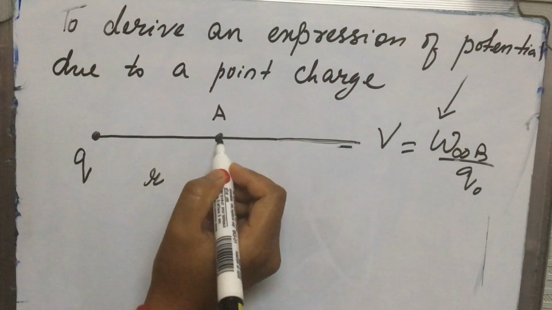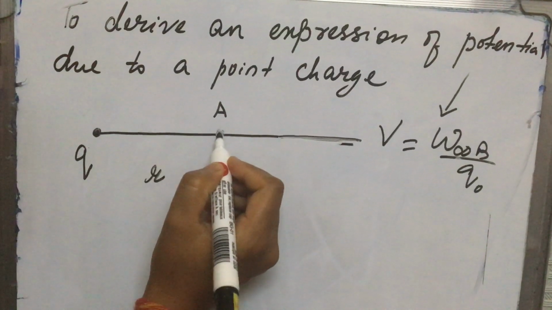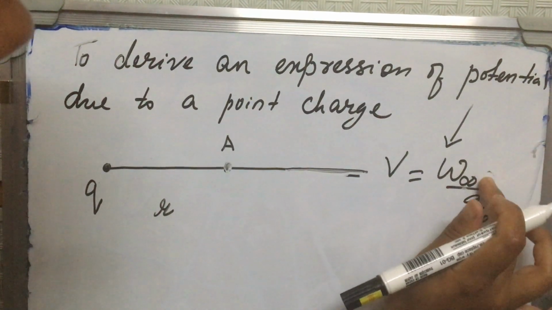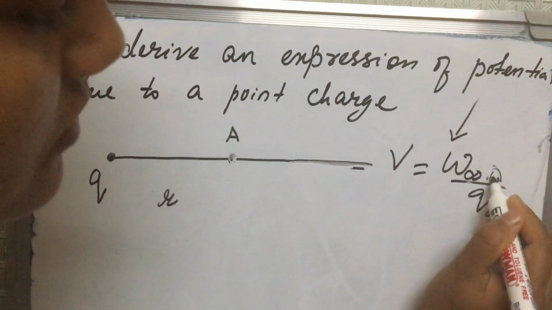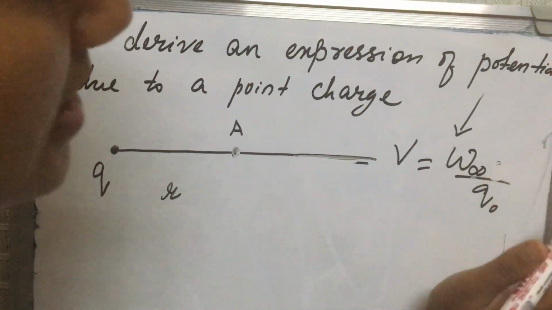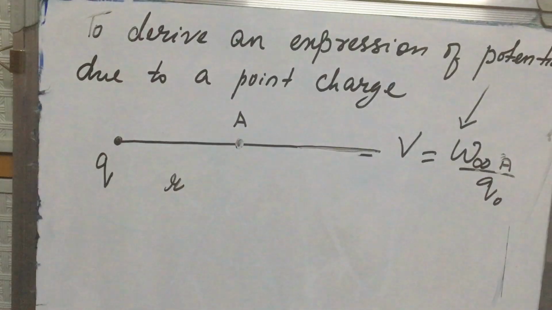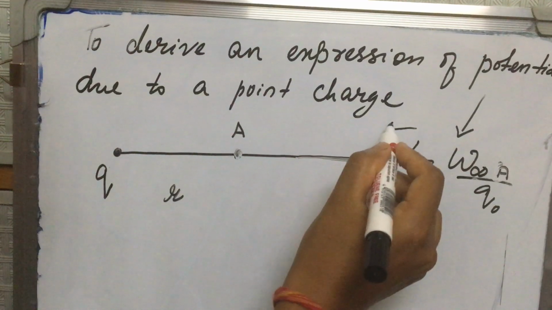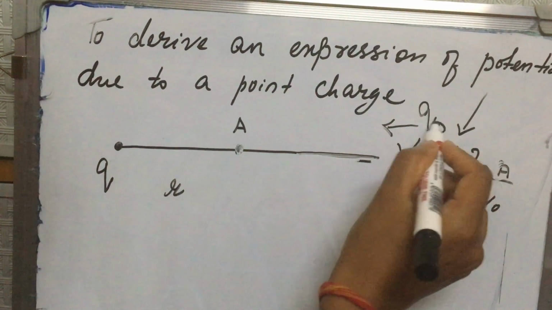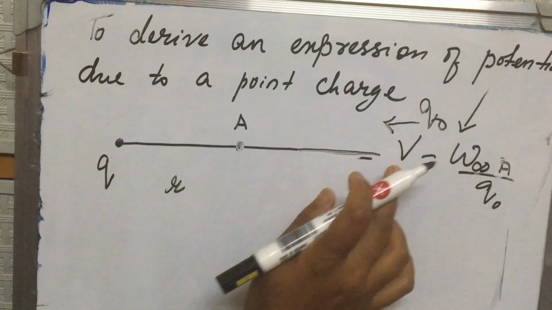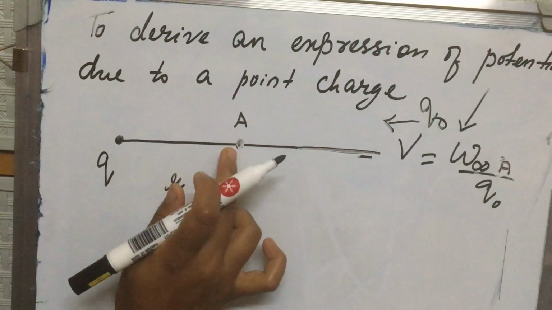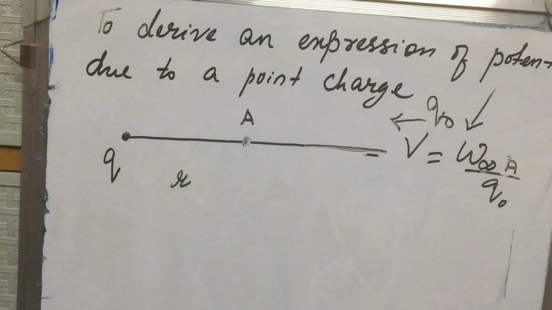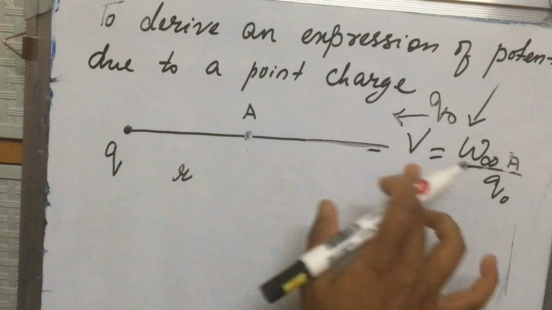If we are interested to find the potential at this point, that point is A. So in this case, the definition will turn out to be this one, infinity to A. That means a test charge has been brought from infinity to this point. If we calculate the amount of work done divided by the test charge, then we get the potential at this point.